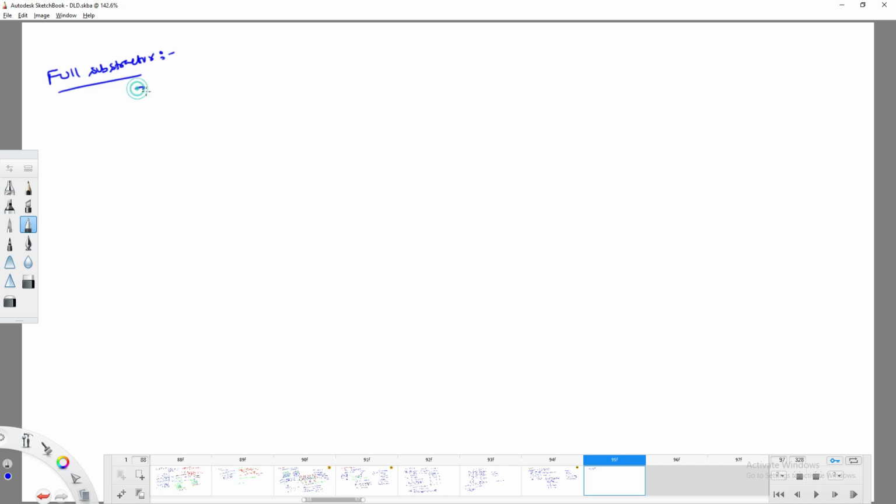If you would like to subtract 3 bits, I can go for the full subtractor, right? So the full subtractor can take the inputs A and B, and one more input, which I can call C only, right?